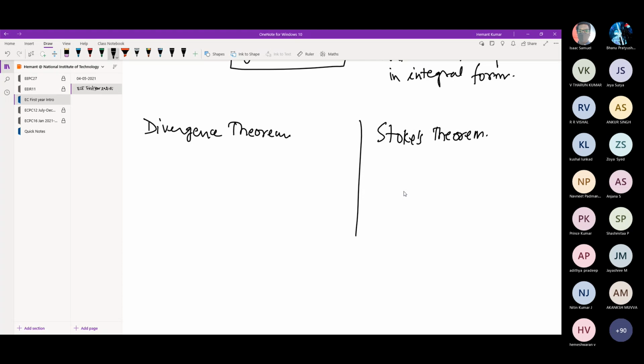Divergence theorem says that the closed surface integral can be equated to a volume integral. So this is a closed surface integral. This is a volume integral, by taking its divergence. Okay. So this is the divergence theorem, because as I have said, a closed surface will also have some volume.